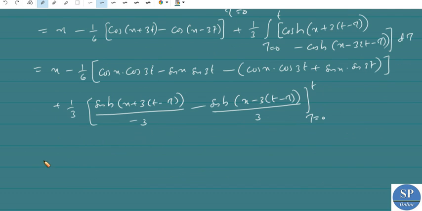So this is nothing but x minus 1 by 6 into cos x cos 3t minus cos x cos 3t, minus sin x sin 3t minus sin x sin 3t, that is 2 sin x sin 3t. So x minus 2 by 6, that is 1 by 3 sin x, so here is minus, so plus 1 by 3 sin x sin 3t.